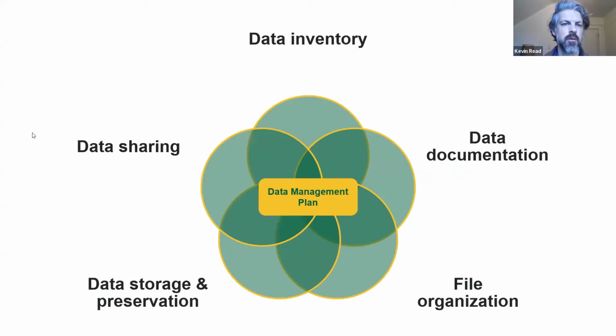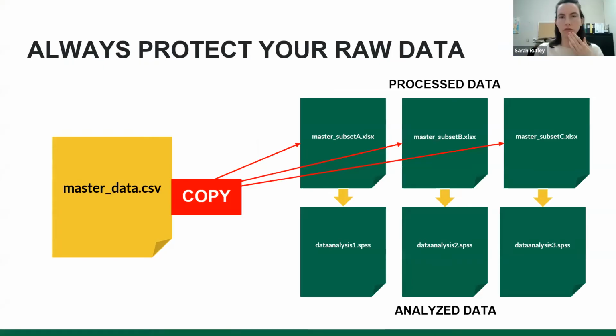No, it's a good question, and I want to go back to this slide specifically related to that question, right? So oftentimes what you really want to, again, you want to keep that one raw master data set available to you first. What that does is it allows you to decide on, okay, I've got this one data set. What am I going to do with this that's going to require any type of processing? So maybe you're taking a snippet of your data and you want to only look at that one small subset of it.